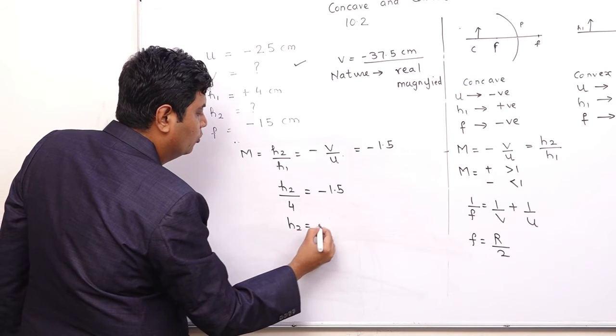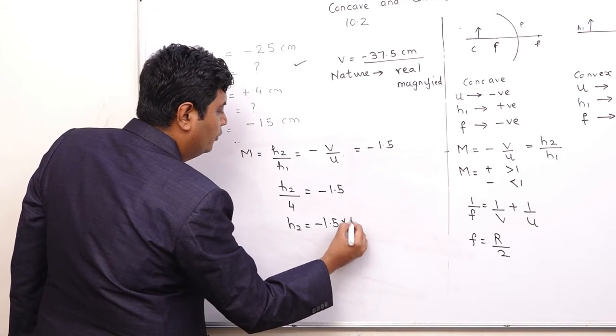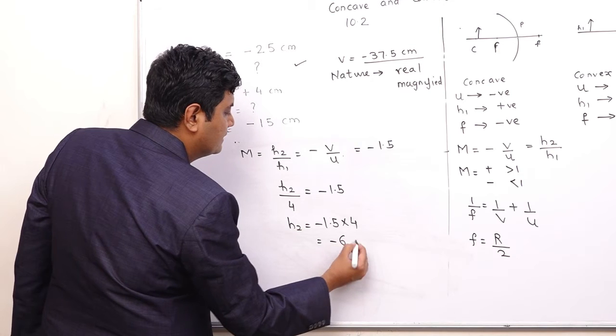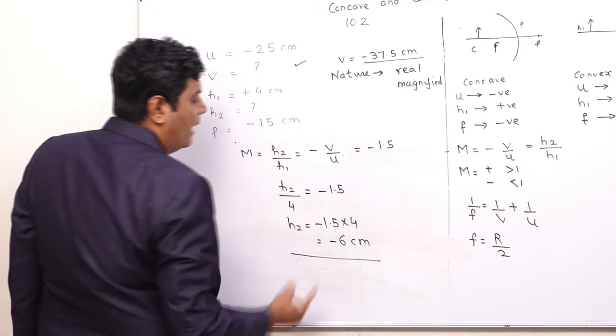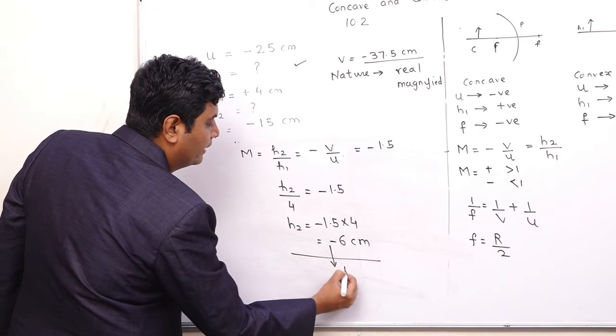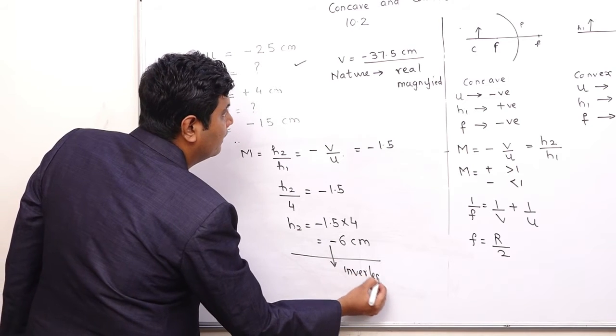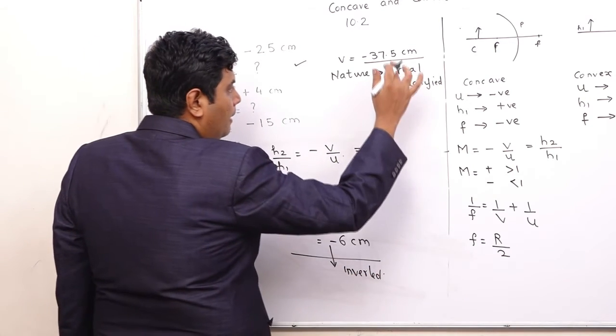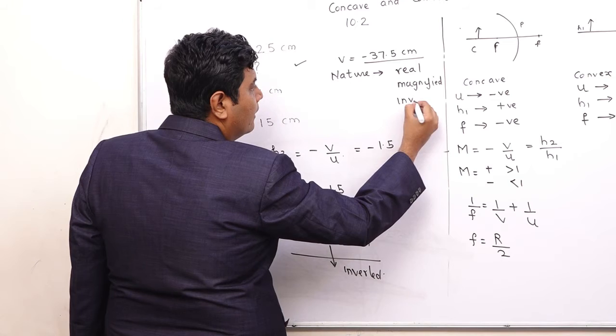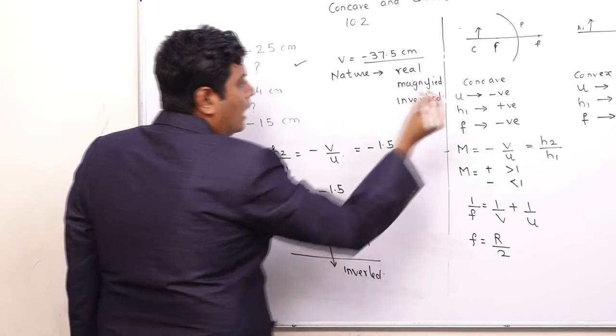Therefore h2 is equal to minus 1.5 into 4, which is equal to minus 6 centimeter. Minus means it is inverted. So it is real, magnified and inverted.